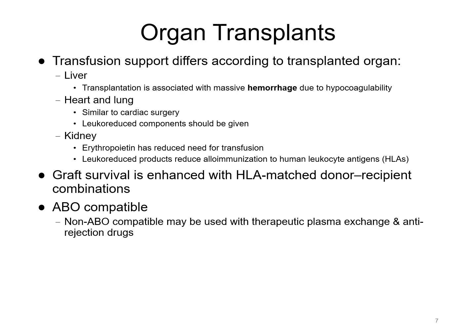But of course, we're always going to give ABO compatible products. When there's an organ that's not ABO compatible that is going to be transplanted into the patient, then they would have to treat it with therapeutic plasma exchanges and anti-rejection drugs.